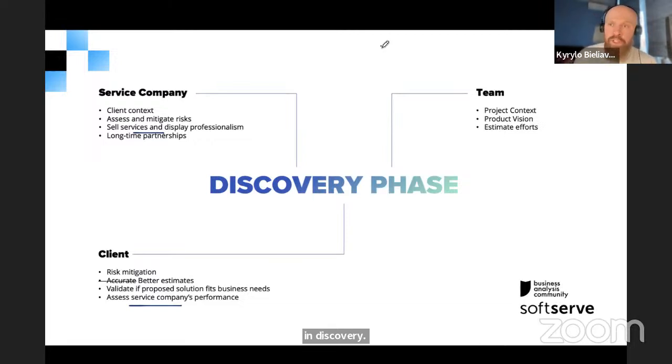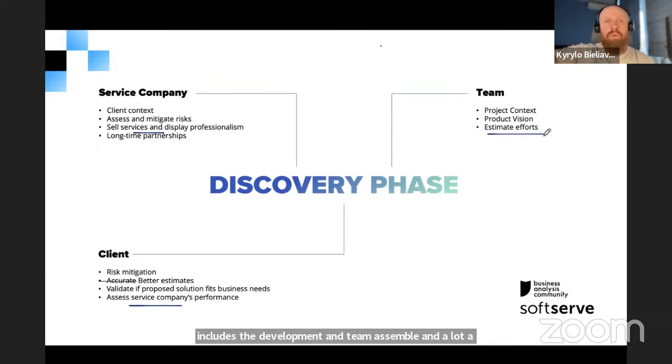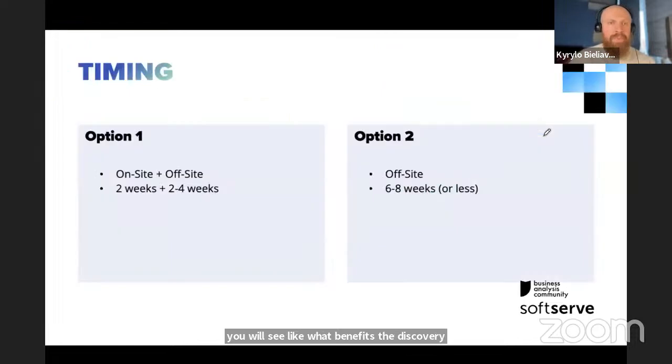They get a better vision of the product that needs to be developed, and it gives them a chance to estimate their efforts in a better way. That includes the architecture work, the development and team assembly, and a lot of different scenarios. And later on, when we get to the real case example, you will see what benefits the discovery phase brought in that particular case.